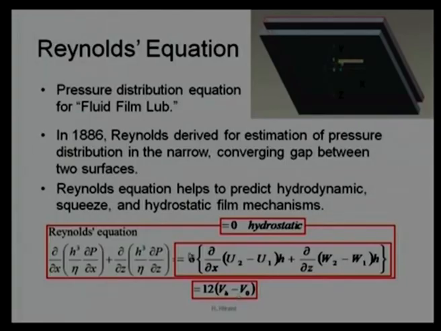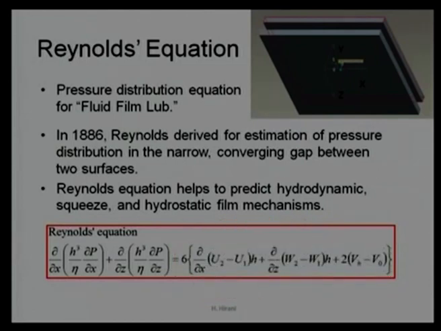So, there is a possibility of only hydrostatic, only hydrodynamic, only squeeze film action, or maybe all together, a combination, and that generally happens in an engine bearing, where there is a relative velocity in the x direction, and there is a relative velocity in the film thickness direction also, because with the load the shaft will change its position. So, we will get some sort of relative velocity in the film thickness direction.